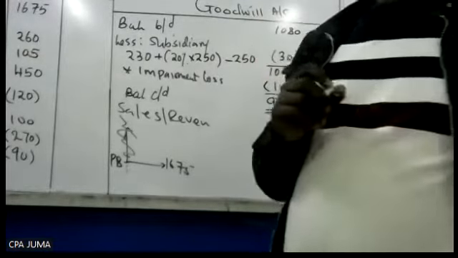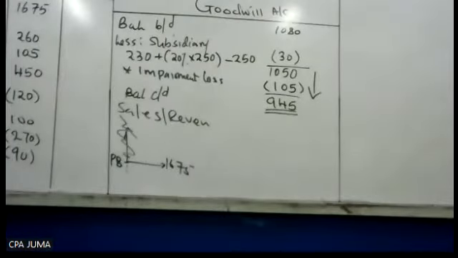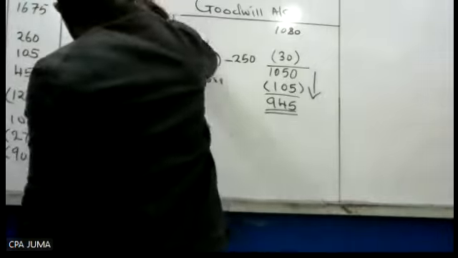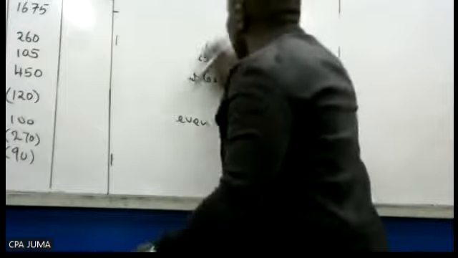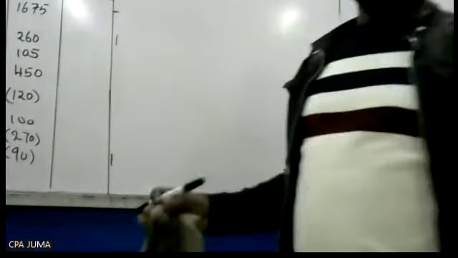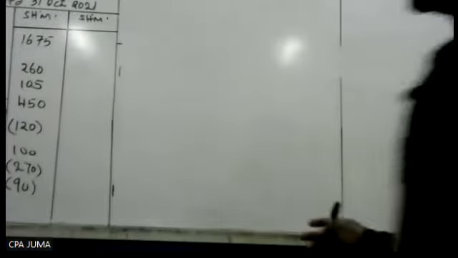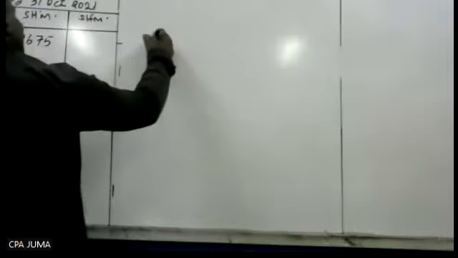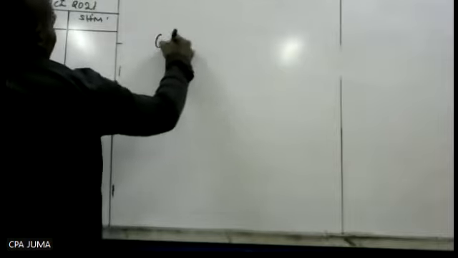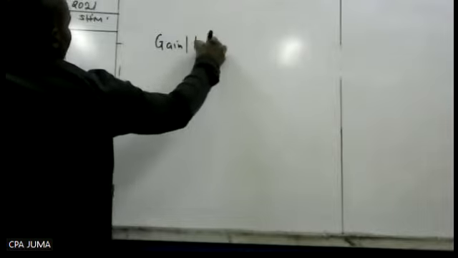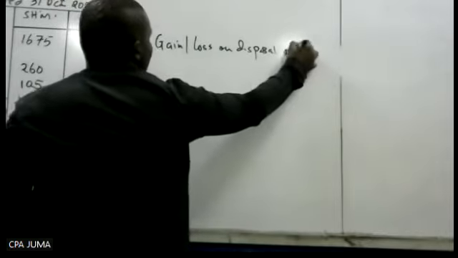And we were not given it, so we have to calculate it. We want to calculate the gain or loss on disposal, then we subtract. It is not an operating income. So can you have a working for gain on disposal of subsidiary?